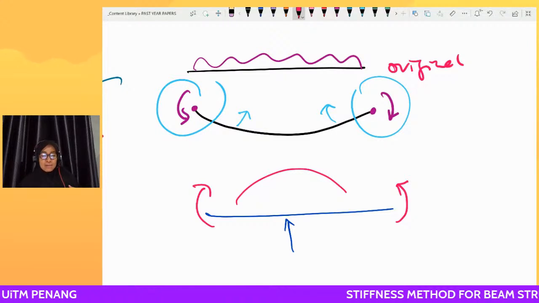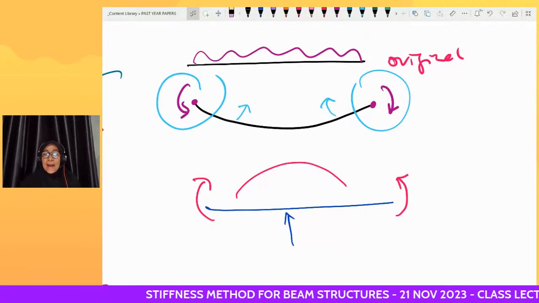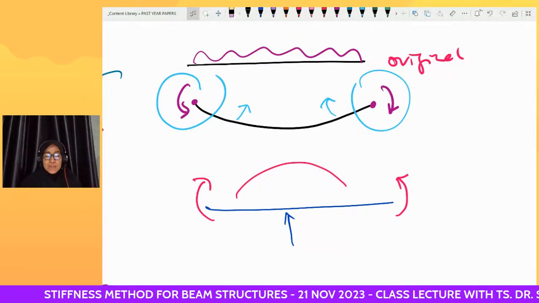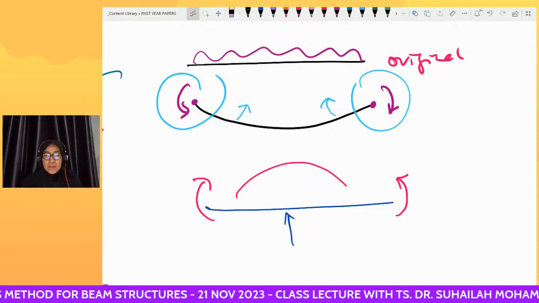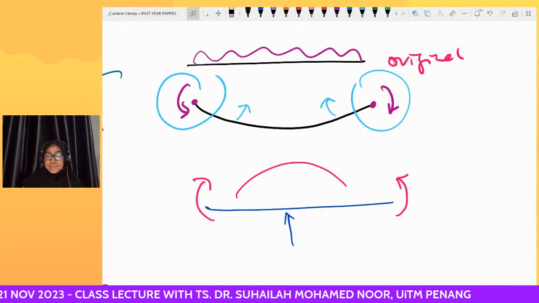After deflection, we have to apply fixed end moment to counter back. That is for beam.